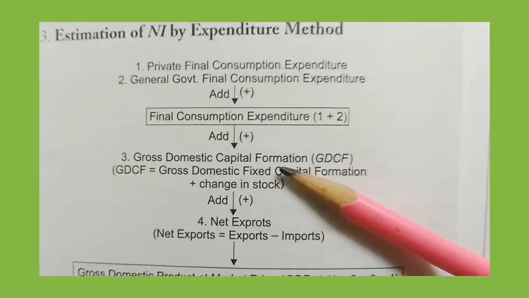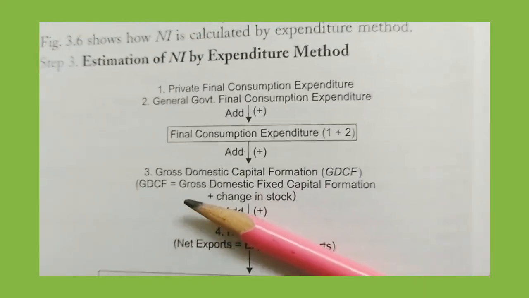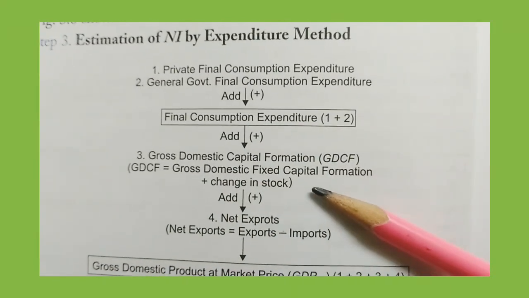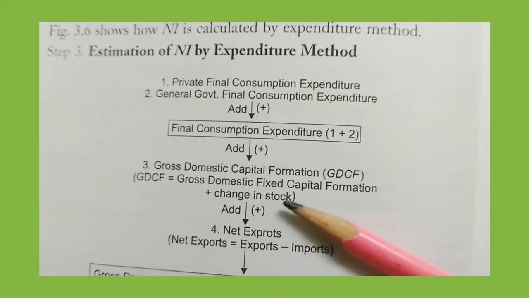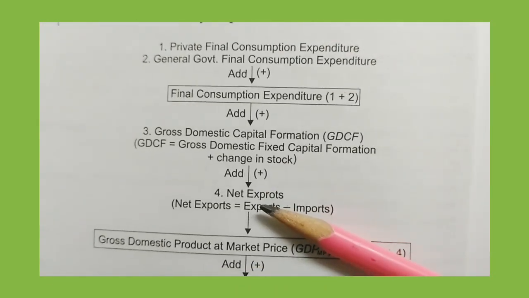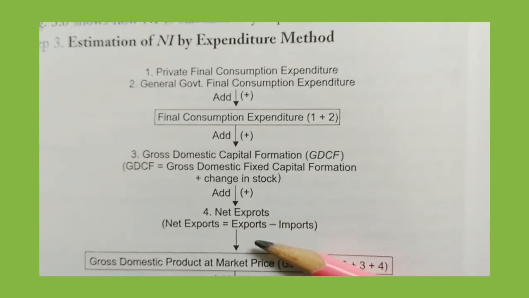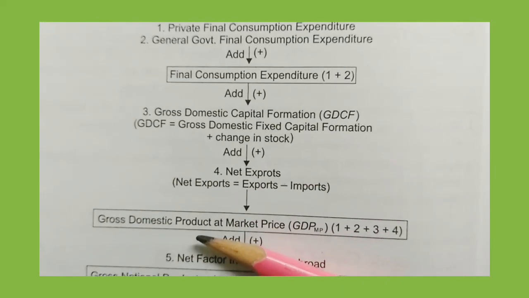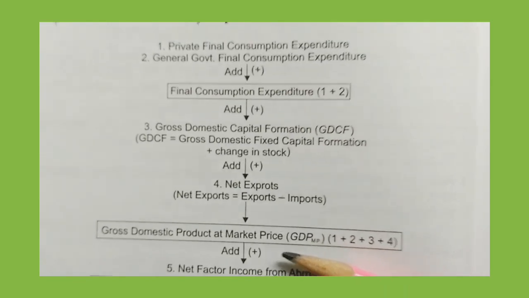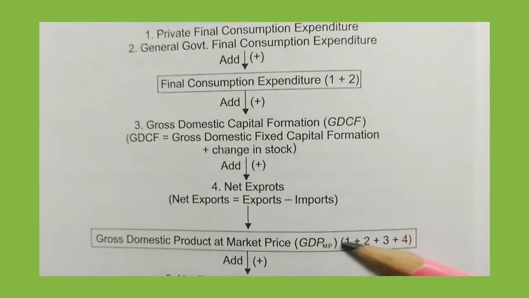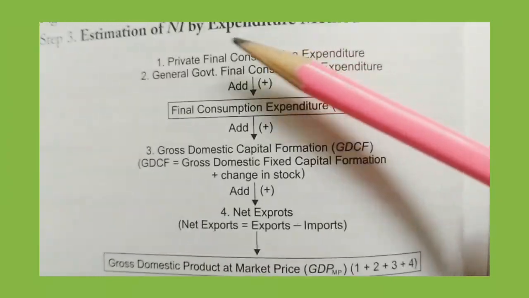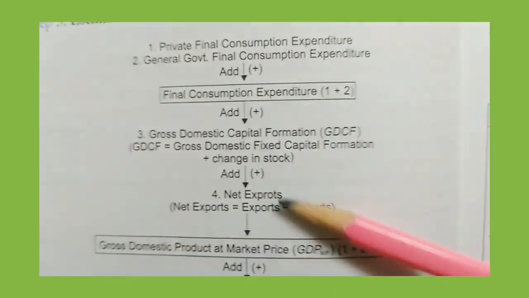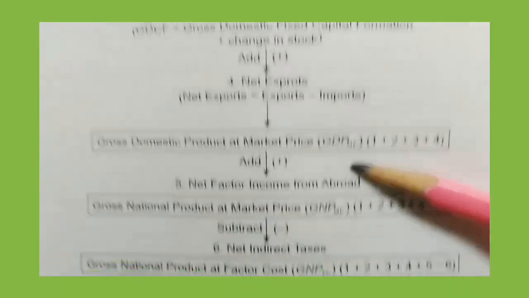GDCF equals gross domestic fixed capital formation plus change in stock. Then add net exports, which equal exports minus imports. If we add these 4, we get the GDP at market price, GDP MP.